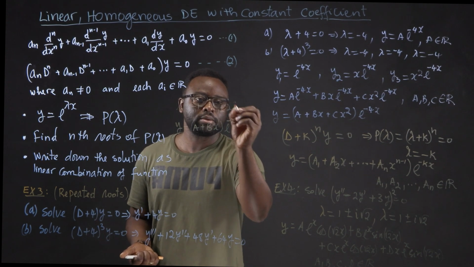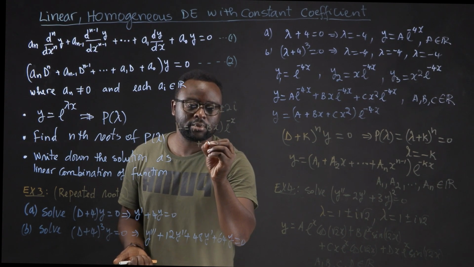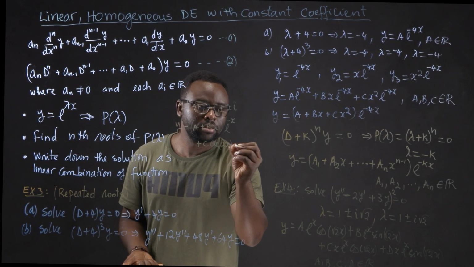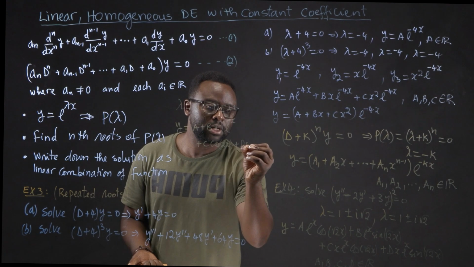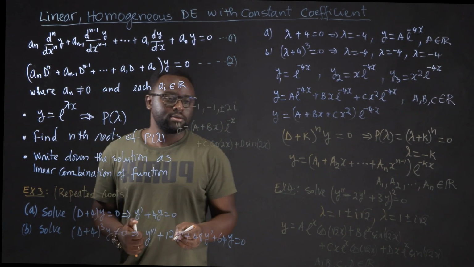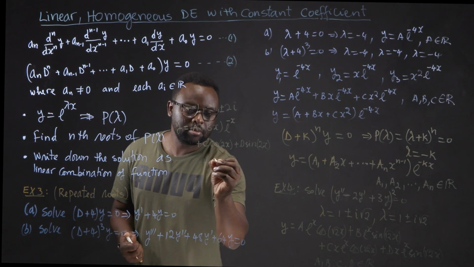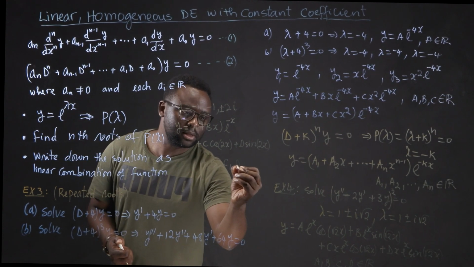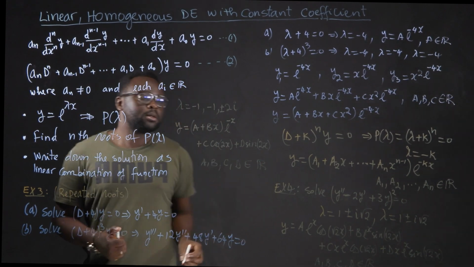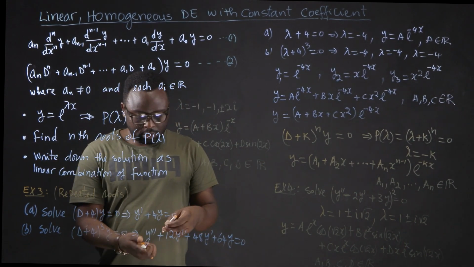Plus the second part here is c times cos 2x plus d sine 2x. And that's all. So with a, b, c, and d real. So this is the solution.